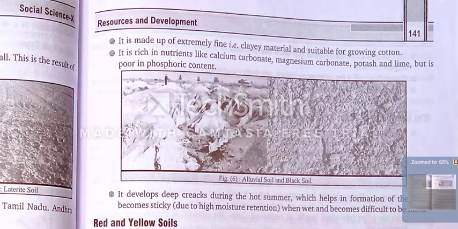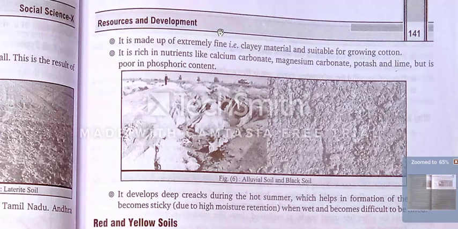I have told you that black soil is also called cotton soil because it's a good soil for cotton. And it is made up of extremely fine material. What is the meaning of extremely? Extremely means most, or in Hindi it's also called atyant.